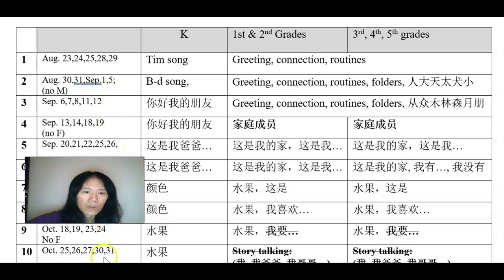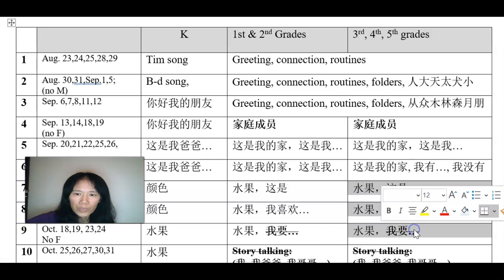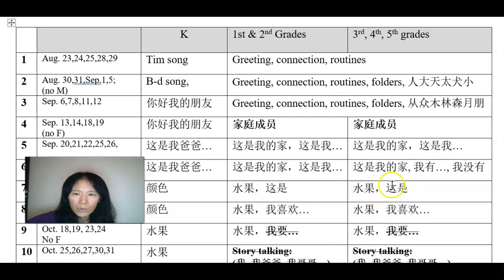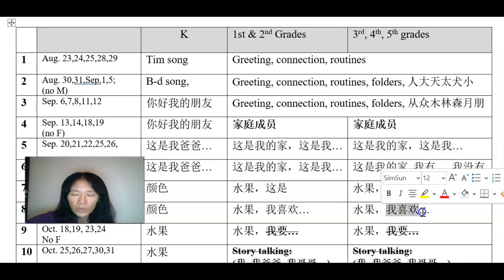I plan out all the dates, and for first and second grade, and 3rd, 4th, and 5th, I do differently, with some details different. Here for family there are 3 weeks to work on, and for fruits there are 2 weeks, and these keywords prompt me to know the key structures we'll be working on.